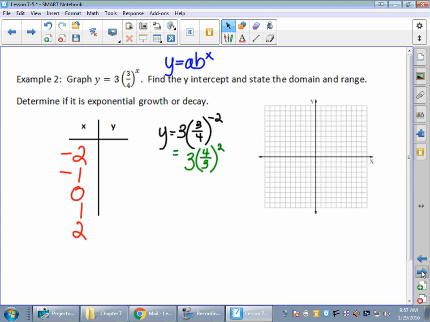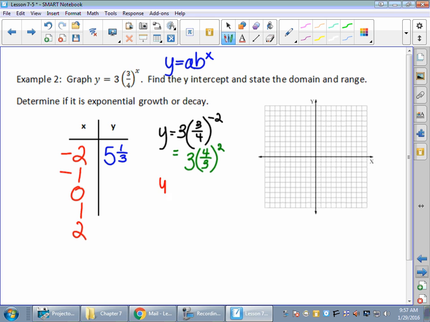Let me do a little quick math here while you guys are doing your same calculations. I end up with 16/3, which is like 5 1/3, 5.3 repeating, whichever you prefer.